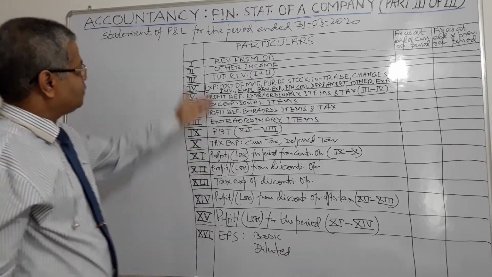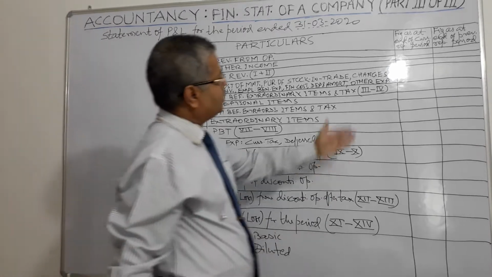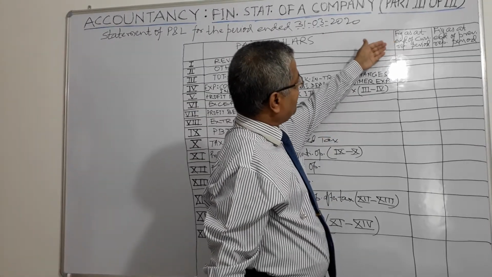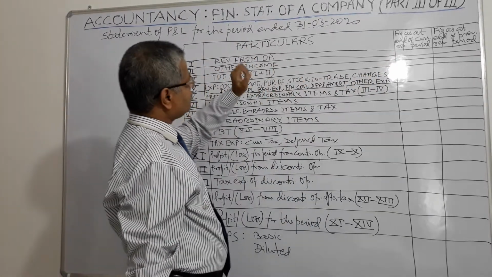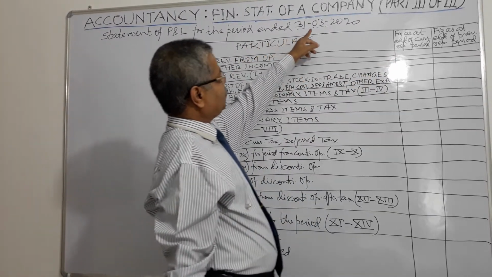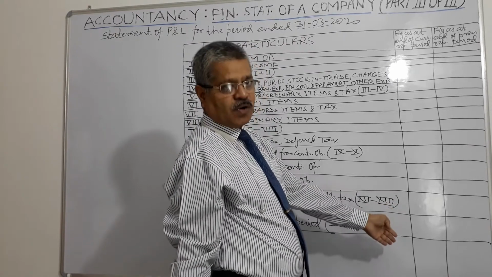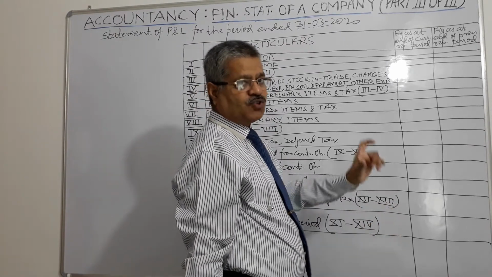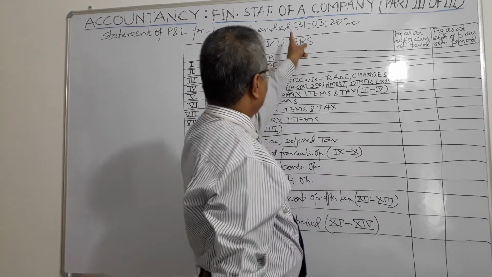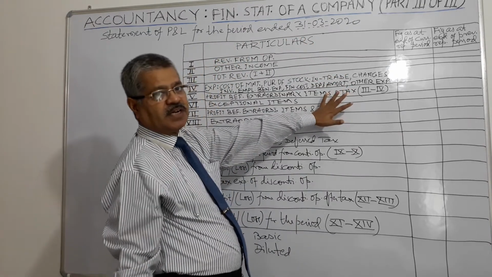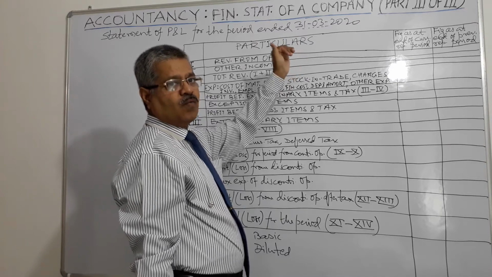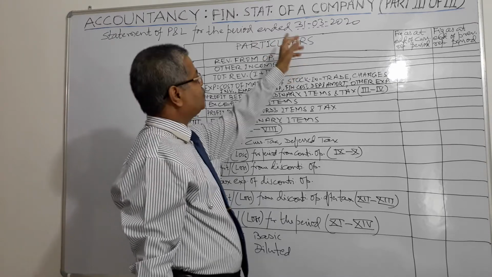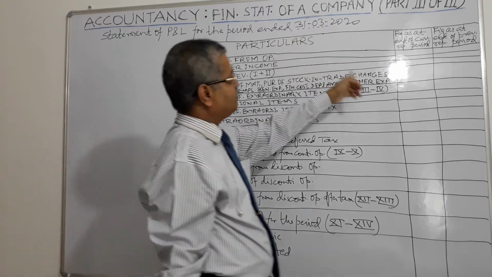Serial numbers, particulars, figure as at the end of current reporting period means 2019-2020. Since we are talking of P&L, it refers to a period, and if it belongs to 31/3/20, then the P&L period is 1/4/2019 to 31/3/2020.